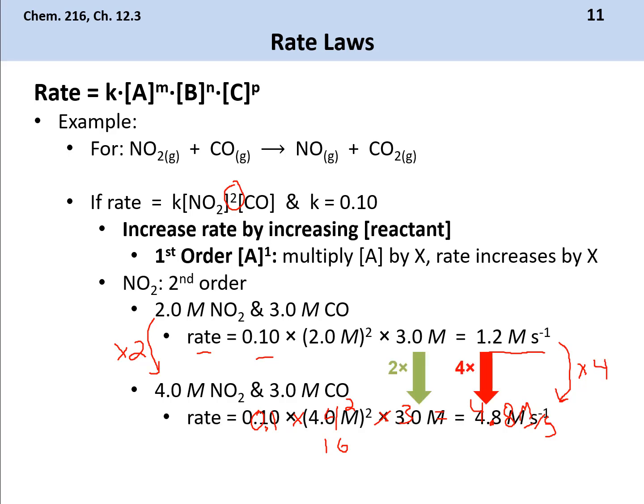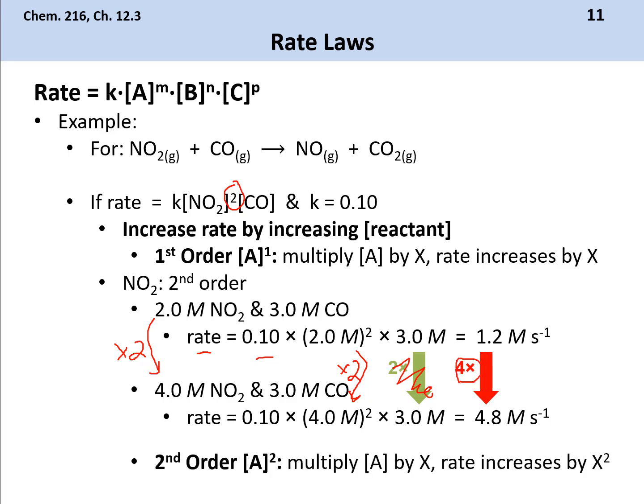Let me just show this written out instead of my choppy writing with a mouse. I doubled my concentration of NO2, and my rate increased by 4. And this is second order.